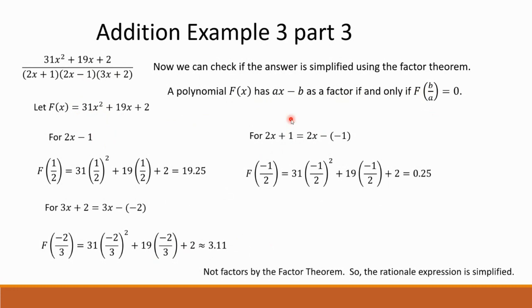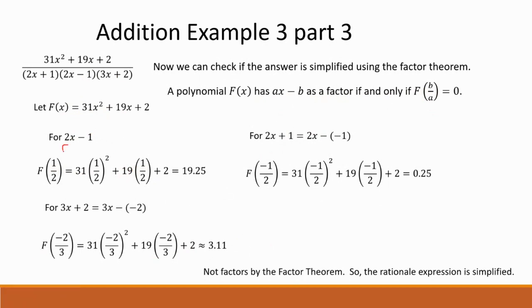So for 2x minus 1, comparing with A times x minus B, A is 2, B is 1. So we want to know, does capital F map 1 over 2 to 0? This is what we're doing.